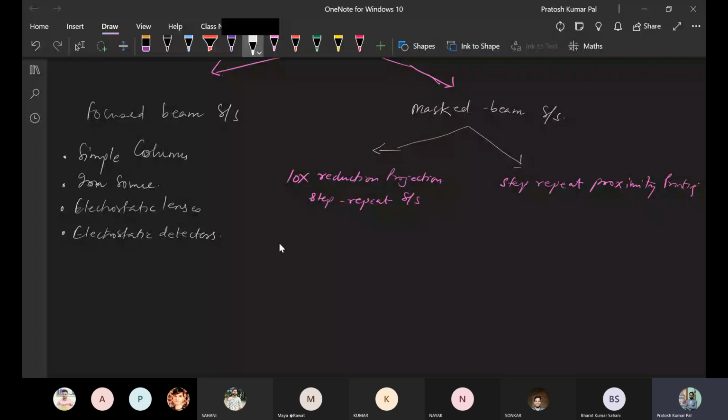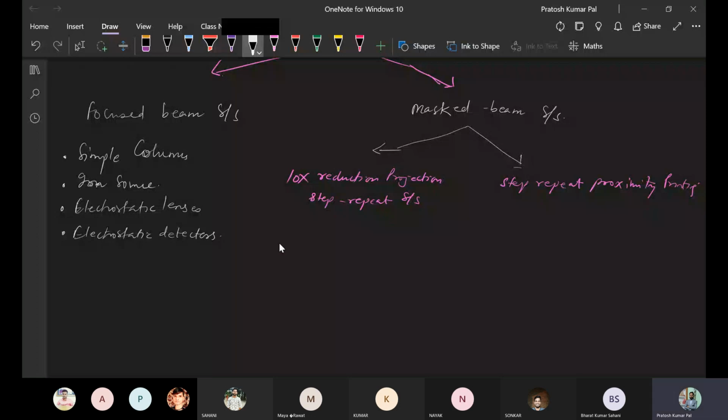Okay, so in this type, basically it projects the ion beam, 60 to 100 kilo electron volt of light ions, and these light ions will be projected through a stencil mask.